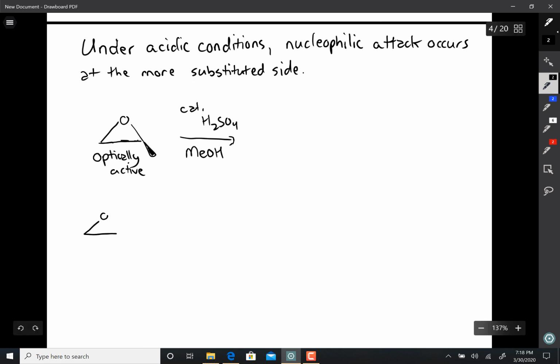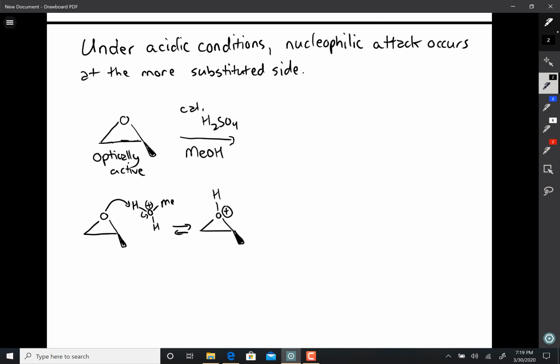But what you can do is you can protonate. You can use either protonated alcohol or the sulfuric acid to protonate the epoxide. What that does is it activates the epoxide. And then the alcohol attacks from the more substituted side.